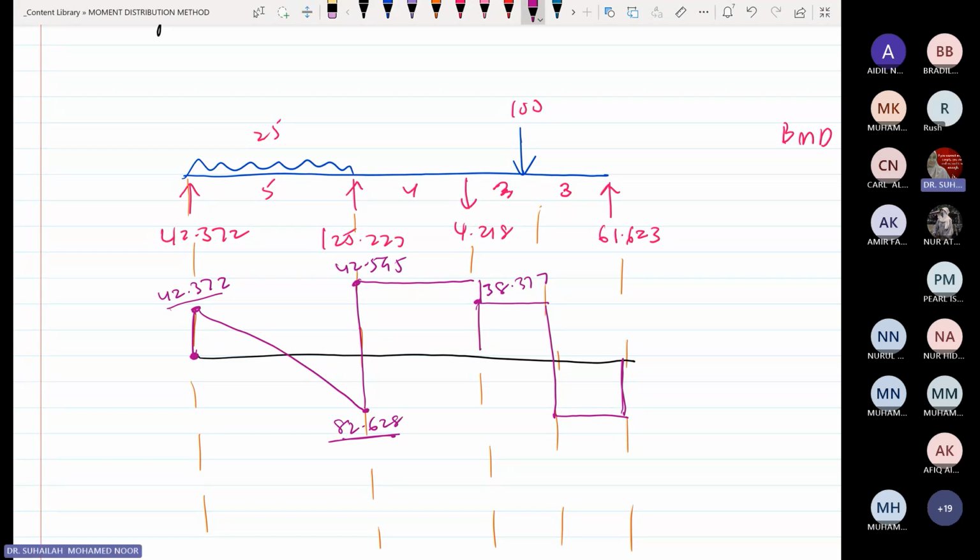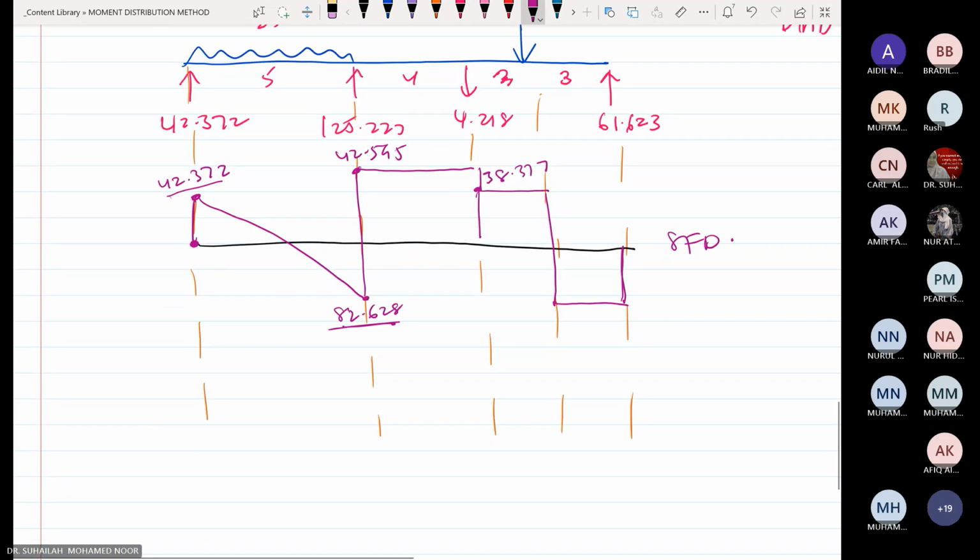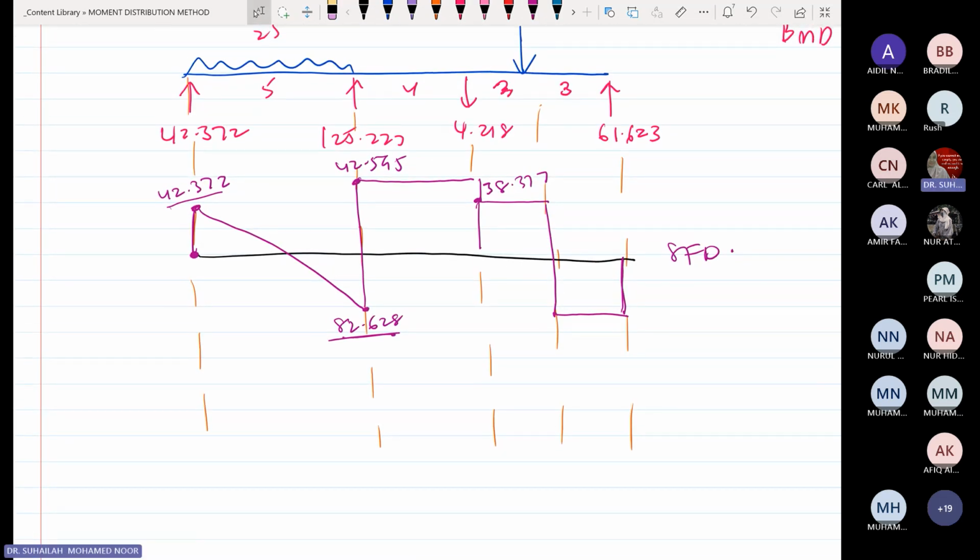Okay, ni shear force diagram. Intersection ni yang tadi tu lah, yang separate, kita buat separate tu. So, dia ada line kat sini. So, BMD start dengan 0.